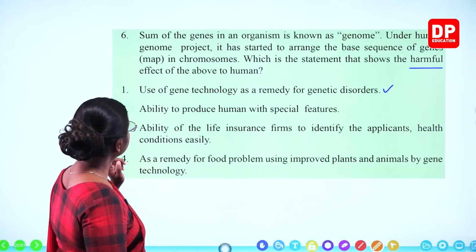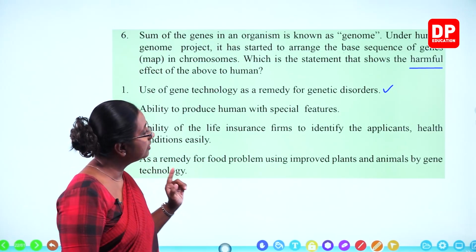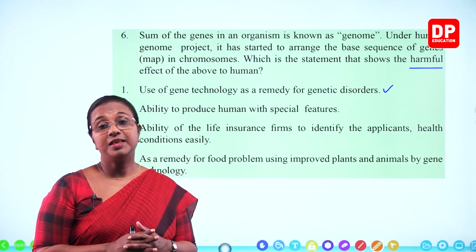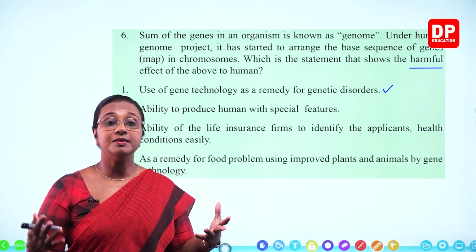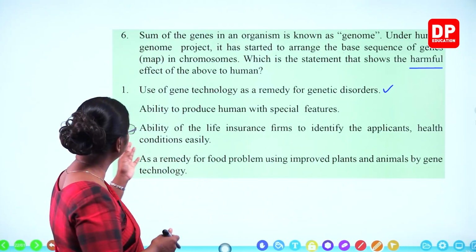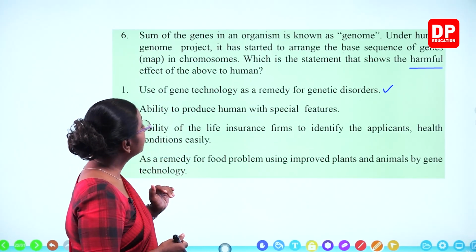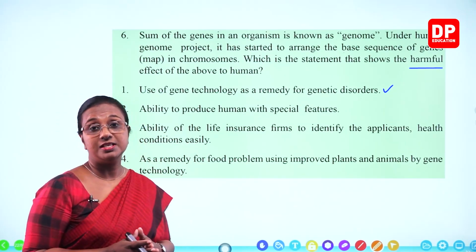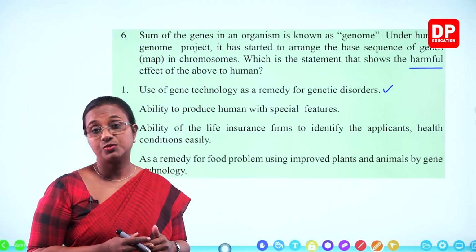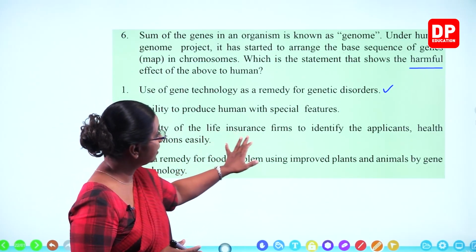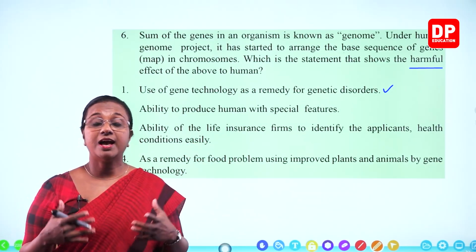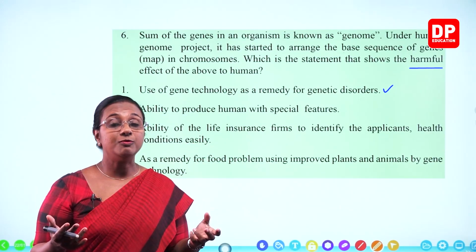Then the second one, ability to produce human with special features. That is something that will alter the people, the nature of people, characteristics of people. If you try to produce humans with special features, that will become a problem in society. So that is a harmful effect. Although we might think, okay, if we have special features, that would be good.